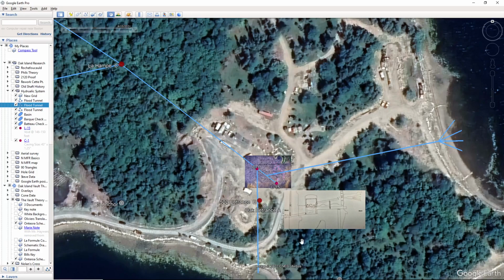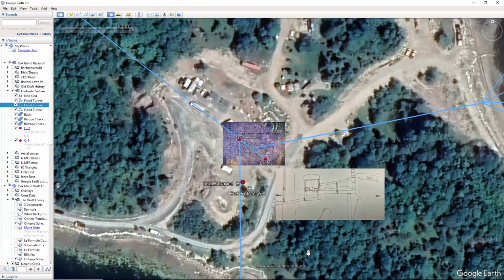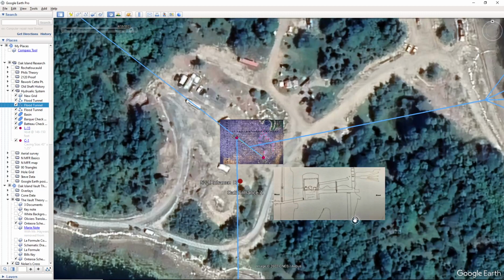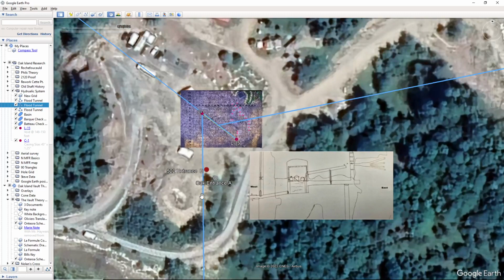So this is what I'm thinking, that if this is oriented south, then this could be where this flood system or this hydraulic system gets its water, and that this one right here is possibly a relief valve.